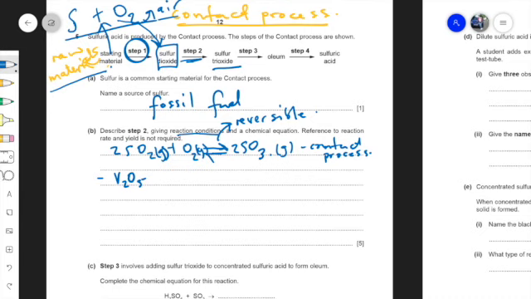So this is one of the conditions. What does that catalyst do? Remember that it is a catalyst. So what does it do? It increases the rate of reaction.